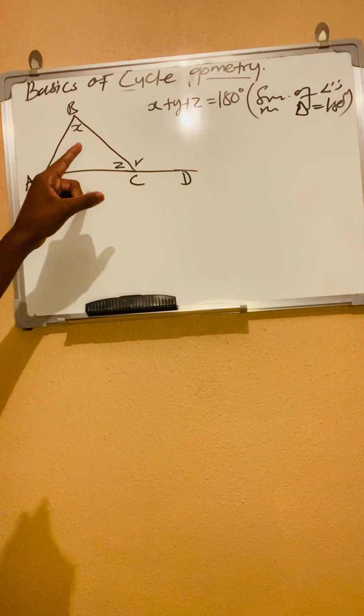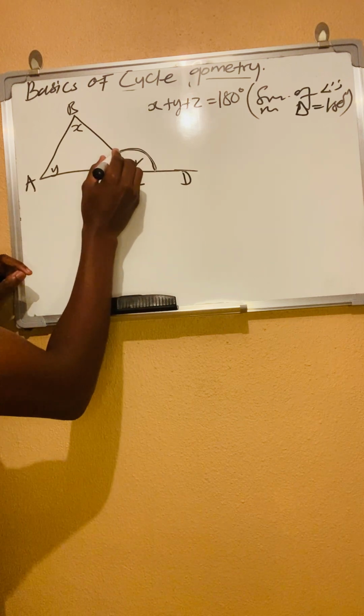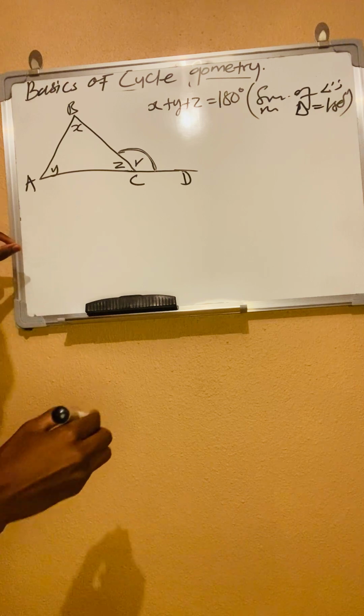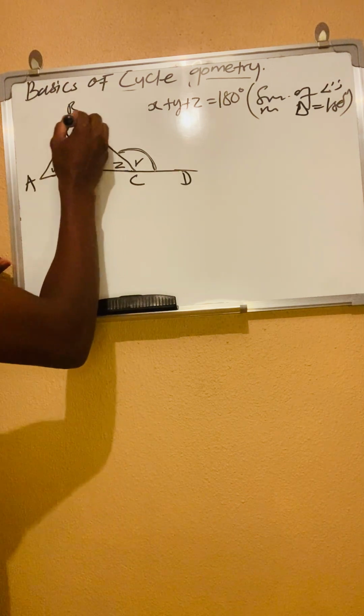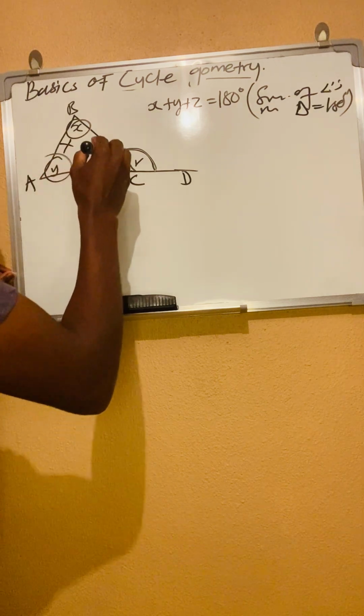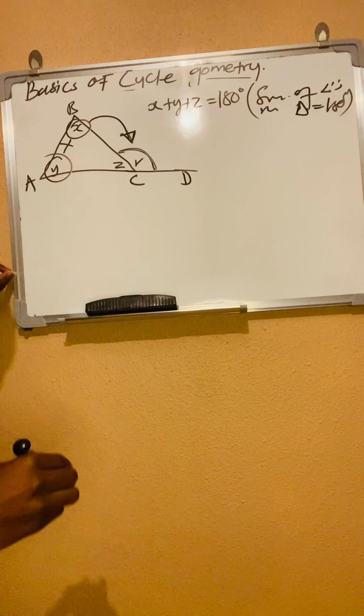So lastly, we have this guy here, outside. We also have this other rule that says these two angles, when you add them, are gonna give you this one.